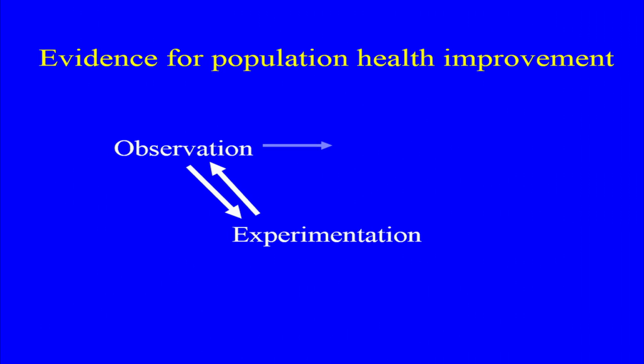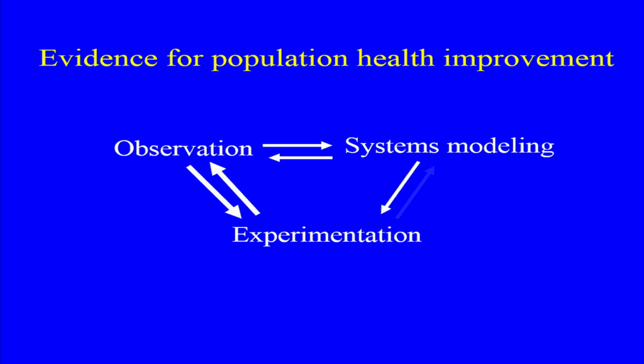Systems simulation modeling can also provide additional insights, and the process of developing these models suggests the need for new observations to fill in gaps in our knowledge. Similarly, systems models can lead to experiments, and the results of experiments can help us improve these modeling approaches. We're not going to get answers to these big questions by using a single approach. We need a multiplicity of approaches.